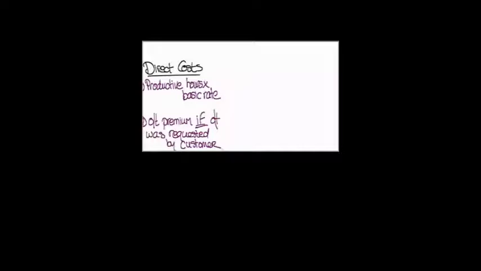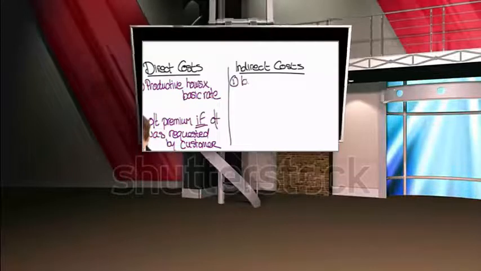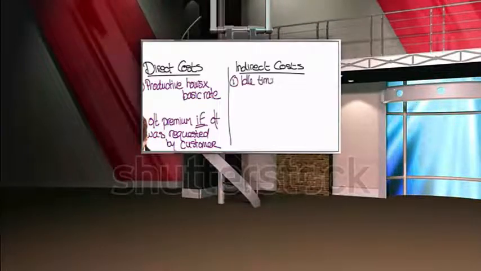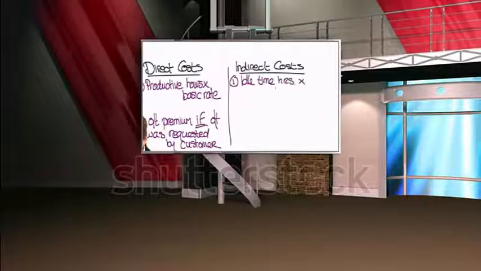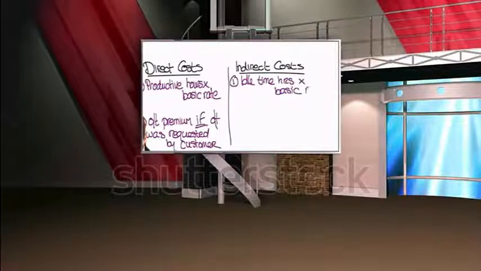Now these are the only two things which would ever be classified as a direct cost in relation to our production line workers. Everything else then is going to be indirect costs. So when we're calculating our indirect costs, the first thing we will have is our idle time hours multiplied by the basic rate.